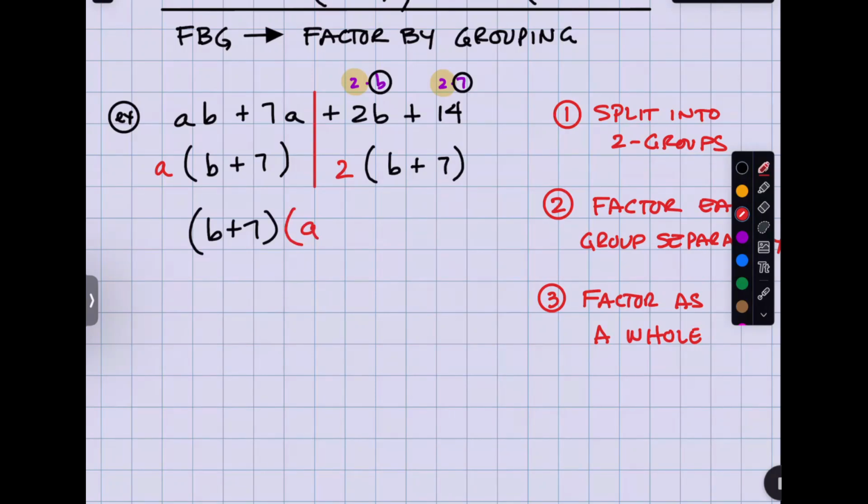A plus 2. Correct. How hard was that? Questions?